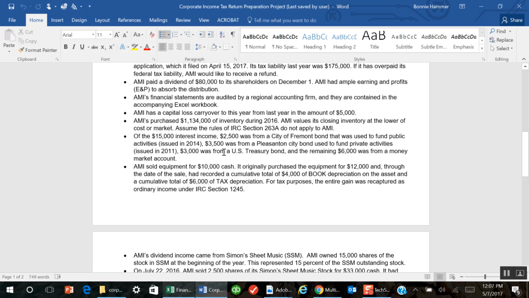Okay, so we know it's tax exempt. And then we also have $3,500 that was from a Pleasanton City bond. So that's a muni bond also, so it's tax exempt for regular purposes.